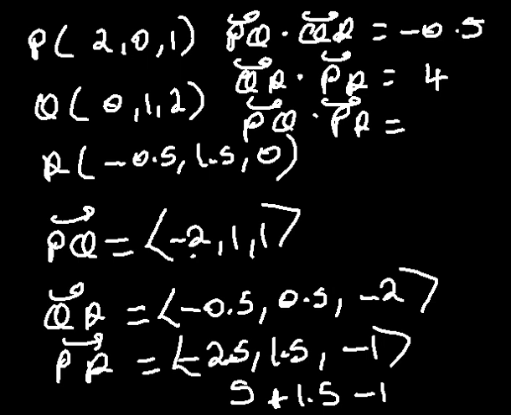And you realize that we'll have 5 plus 1.5 minus 1, that is giving us 5.5. So it means these vertices do not correspond to a right-angled triangle.